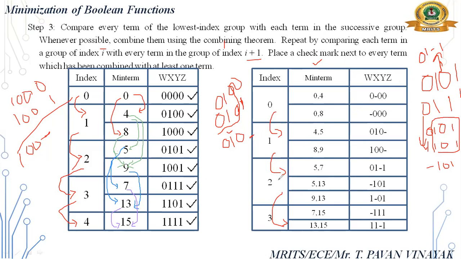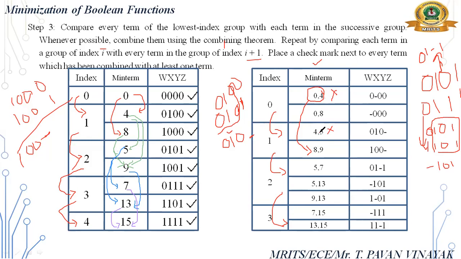So 0 to 1, 1 to 2, 2 to 3. You have to compare 0 4 with 0 8 only, because 0 4 and 4 are available. No need to compare this one and this one, because here 4 is available and here 4 is available. If you compare, combination is not possible, so leave it.